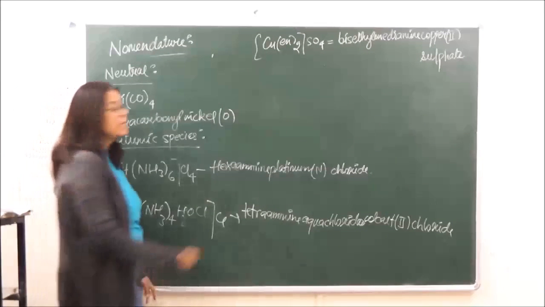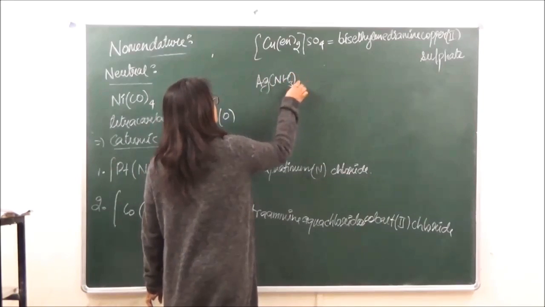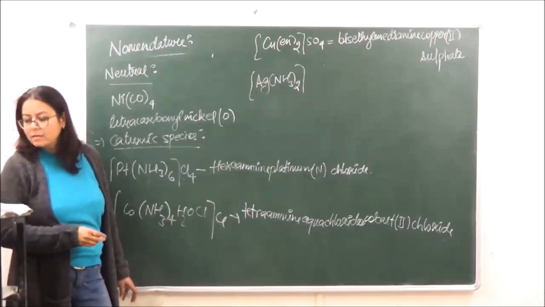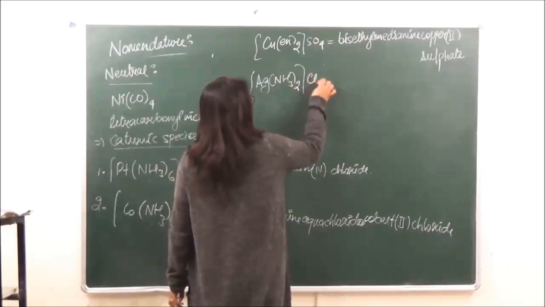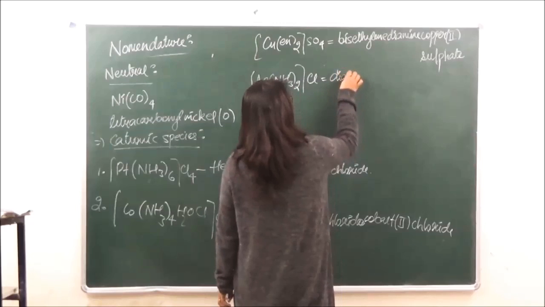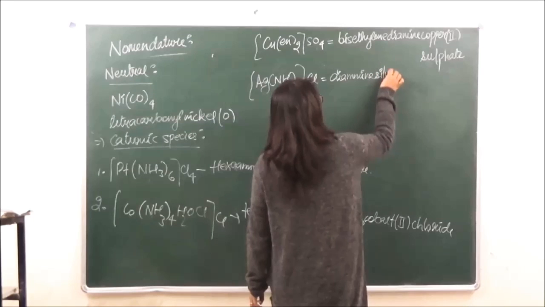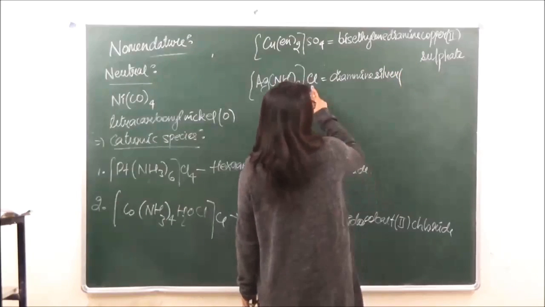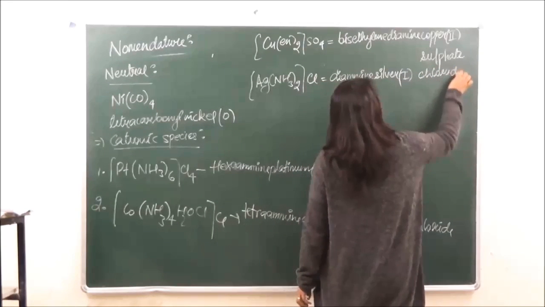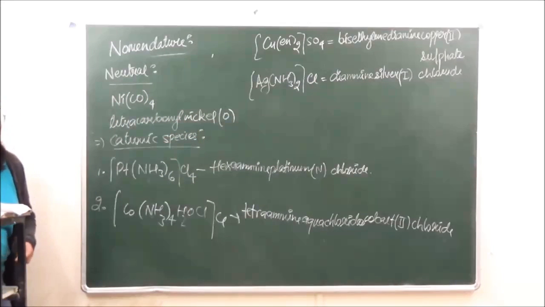Then we're taking another example over here. We have Ag NH3 whole twice Cl. What is going to be the name? Diamine silver, and the oxidation number of silver over here is 1, and then the counter ion, which is chloride. Okay? So these are certain examples of cationic species.